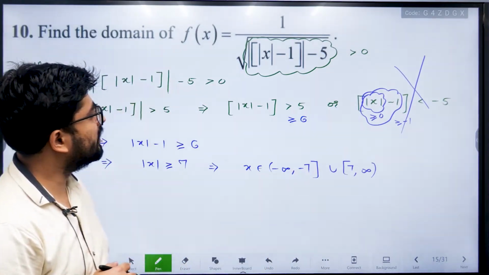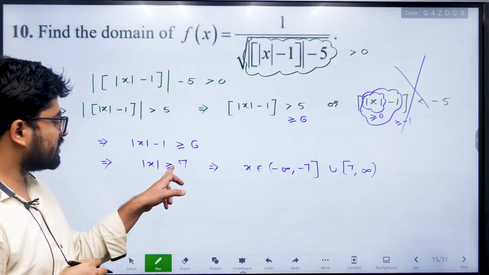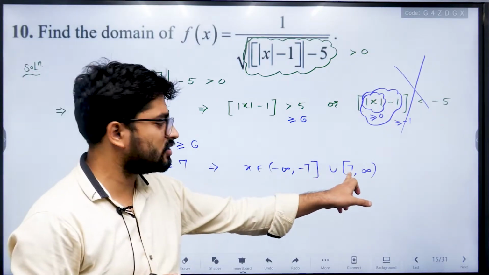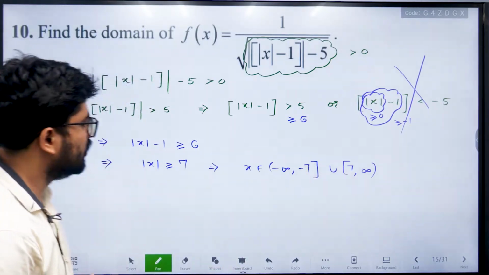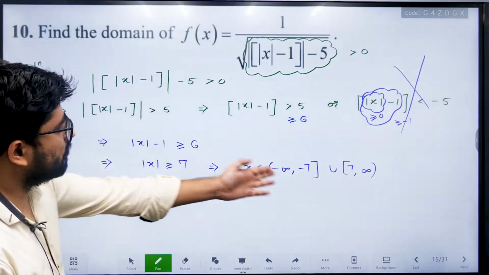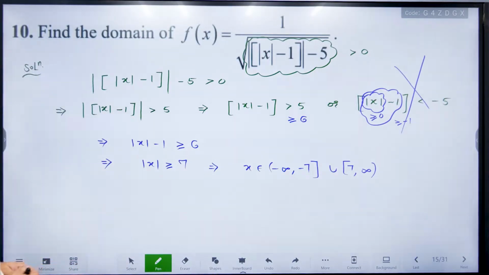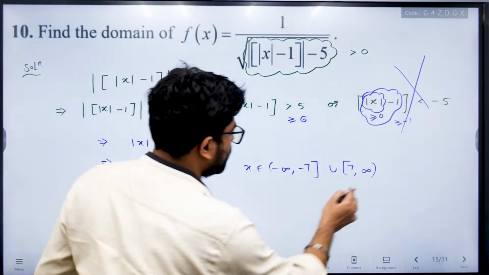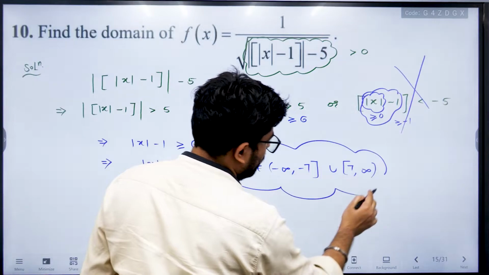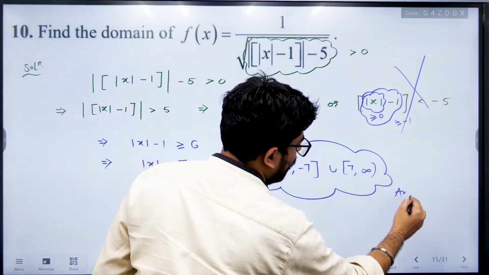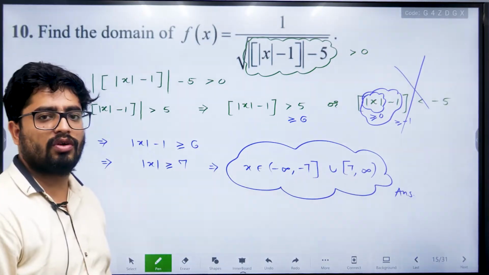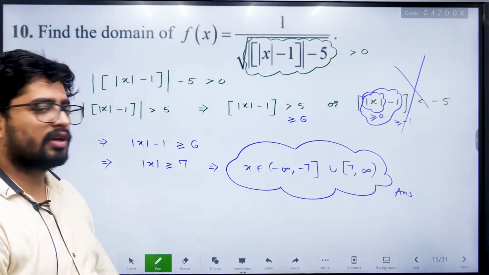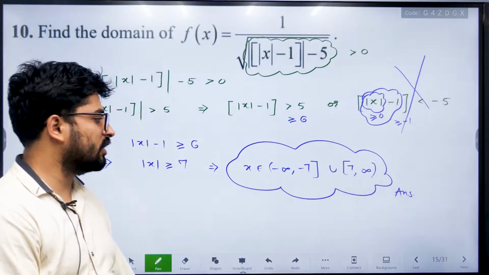Either x is greater than or equal to 7, so 7 to infinity, or less than or equal to minus 7, so minus infinity to minus 7. So you have x in this interval. This is my domain, the final answer: minus infinity to minus 7 union 7 to infinity. Both 7 and minus 7 are included in your intervals.